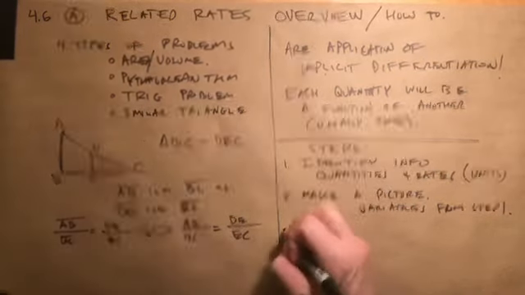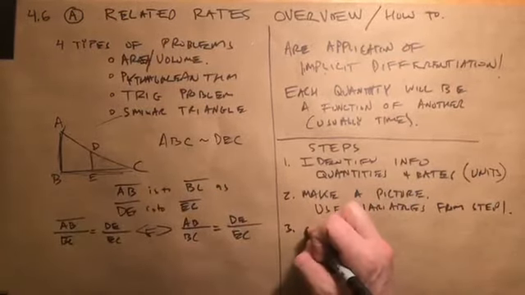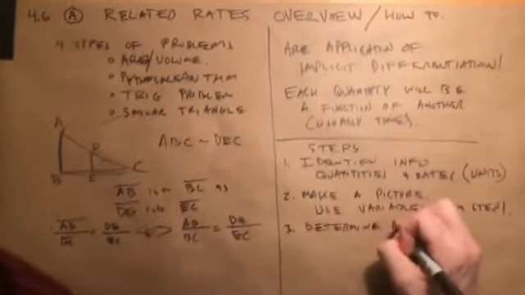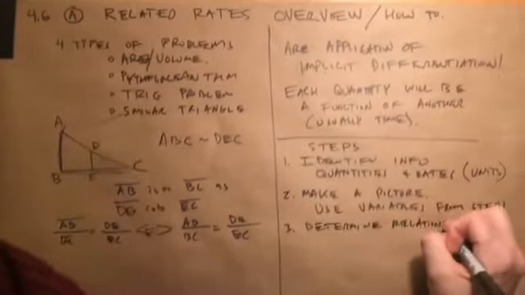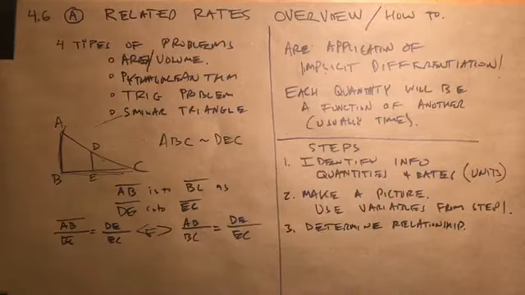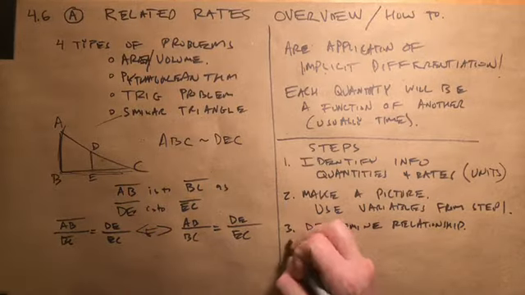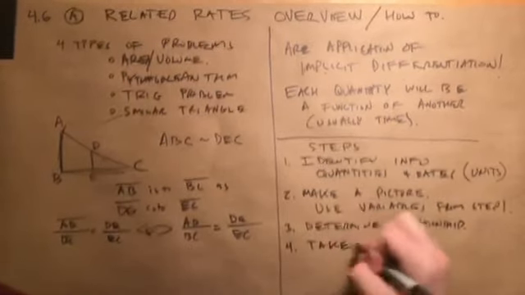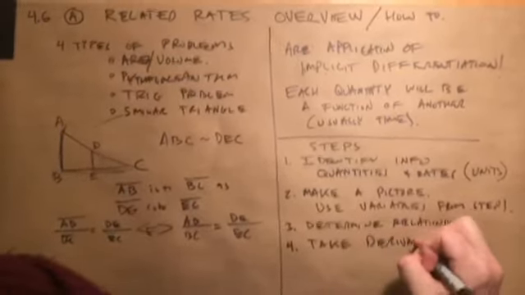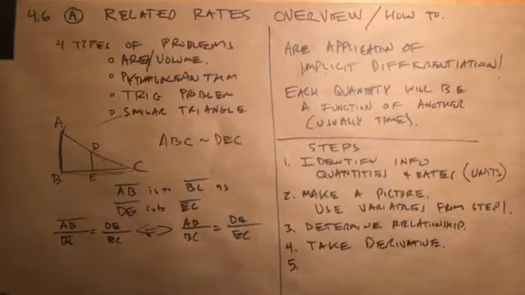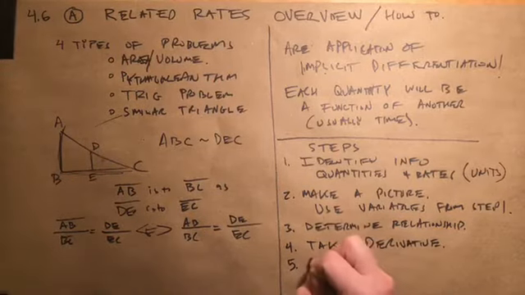Then we have to determine a relationship. And the relationship is going to be one of these four relationships that we've identified earlier. We can then take the derivative. When I've taken the derivative, my next step is to solve for the unknown derivative.